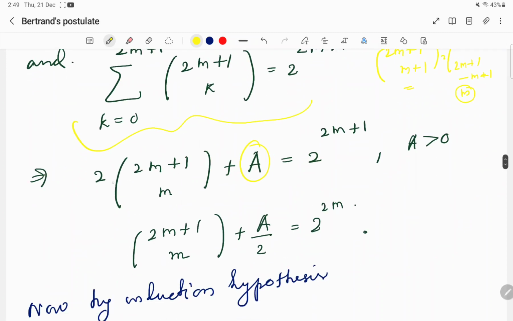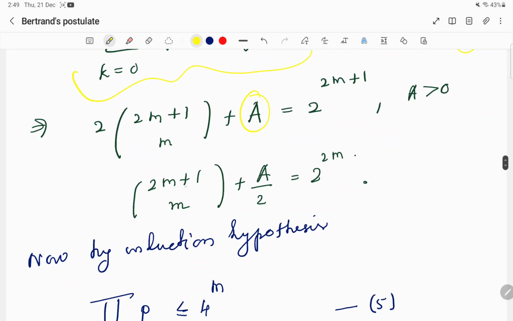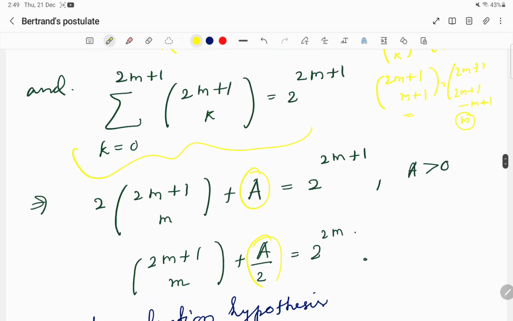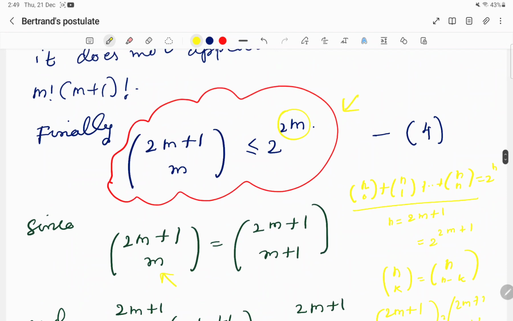Now we divide by 2, then you get 2m plus 1 choose m plus a positive factor is equal to 2 raised to 2m. So that means 2m plus 1 choose m is less than or equal to 2 raised to 2m. That's what we have said.